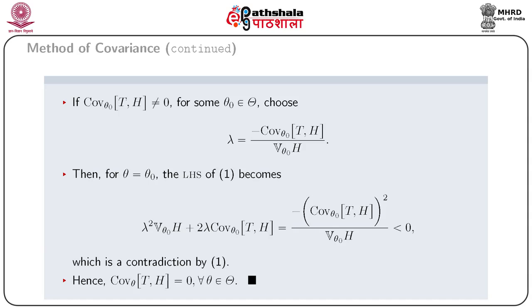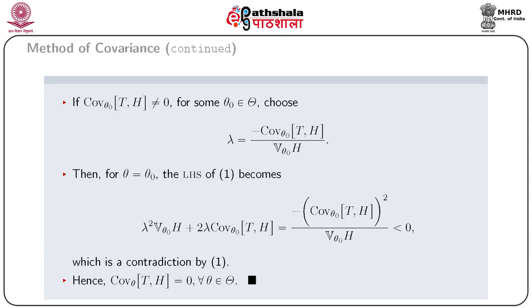Then for theta equal to theta_0, the LHS of 1 becomes lambda squared times variance of h under theta_0 plus 2 times lambda times covariance of T and h under theta_0, which is equal to minus covariance squared of T and h under theta_0 divided by variance of h under theta_0, which is less than 0.